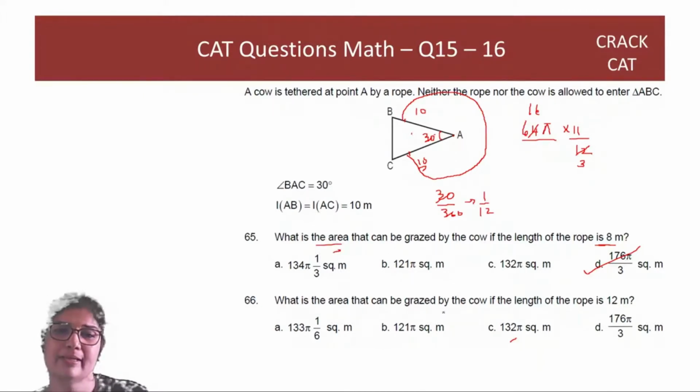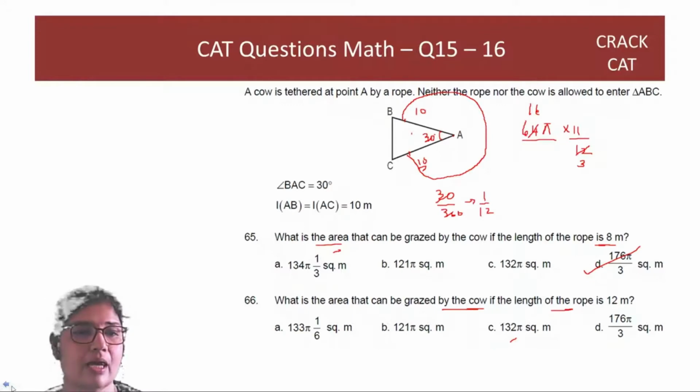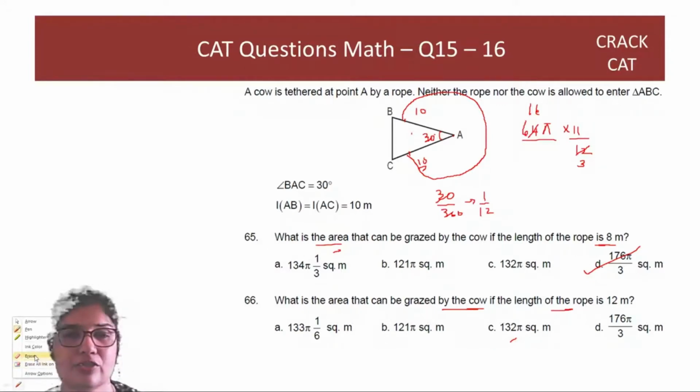The next one: what can be grazed by the cow if the length of the rope is 12 meters. This is where it gets complicated. So if we just look at how the length of the rope will change things, let me just get rid of everything.